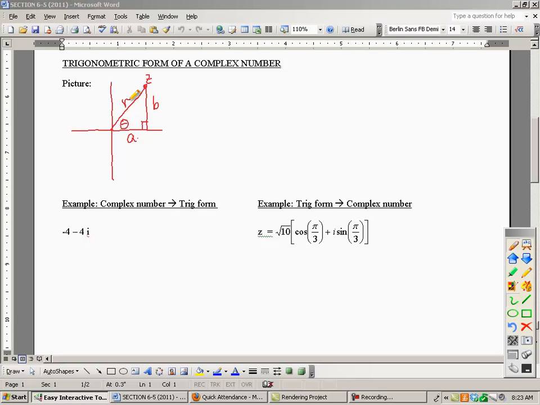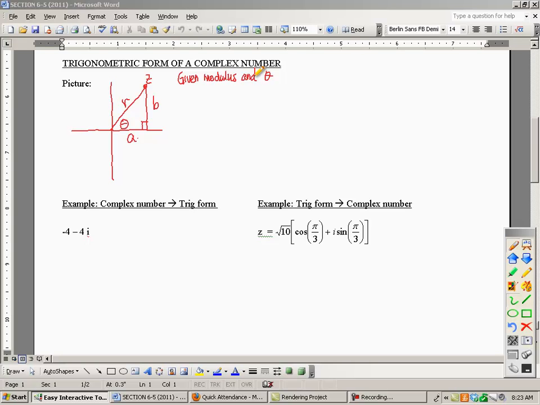Okay? So here's what's happening. Given the modulus and the angle, we want to know things about a and b. So I'm going to write an equation using my modulus, which is r, and my angle, and I'm going to rewrite a and b.